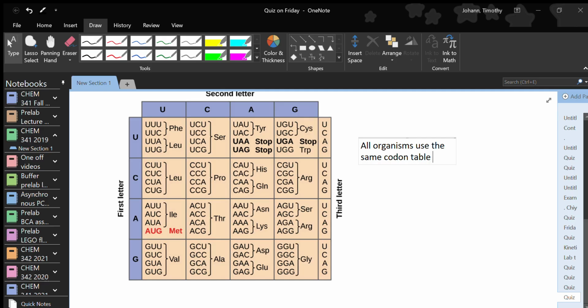Okay, we have some minor weird exceptions, but all organisms use the same codon table, but they do not use the same codons, in terms of frequency. They do not use the same codons for a particular amino acid when there's a choice.